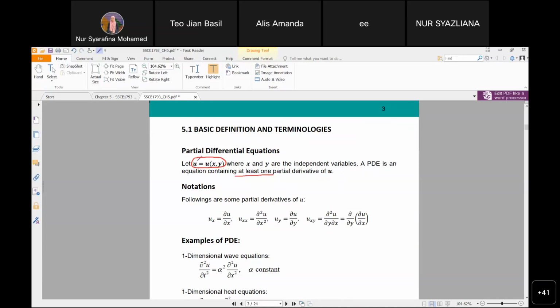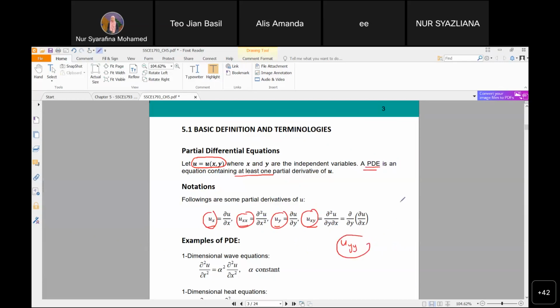So you know that u is a function of x and y, and then if there is at least ux or u double x or uy or uxy, where this is the derivative of u with respect to x, the derivative of u with respect to x twice, the derivative of u with respect to y, the derivative of u with respect to x and y or y to x, or the derivative of u with respect to y twice. Okay, if at least one of these partial derivatives exists, then we call it a PDE.